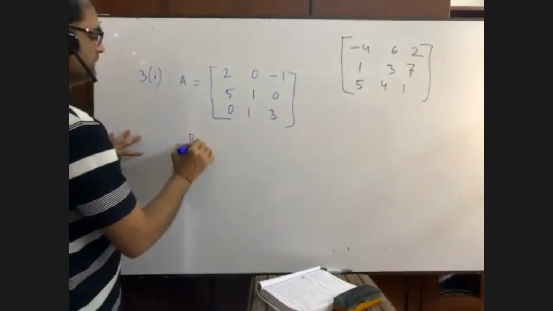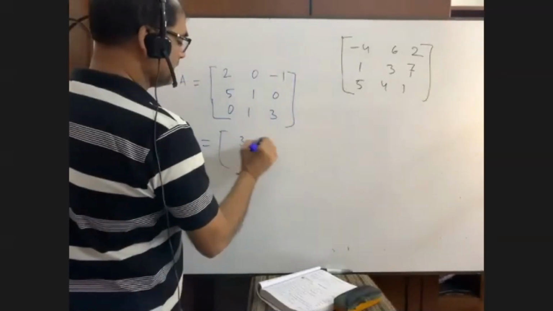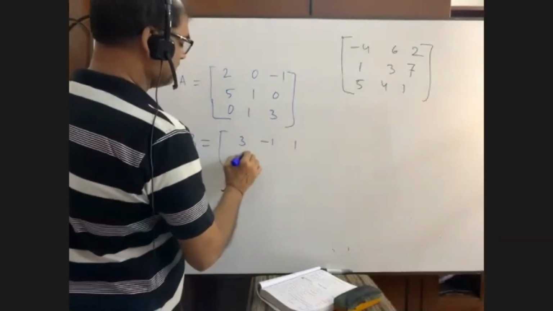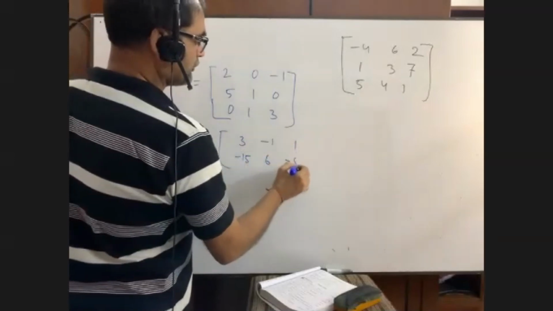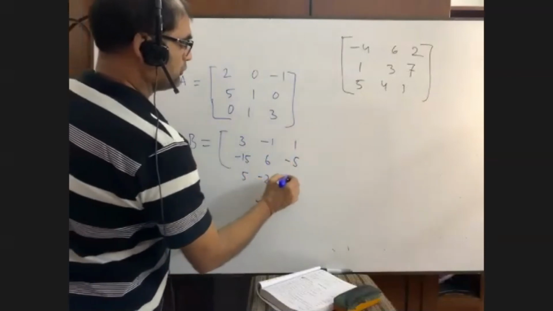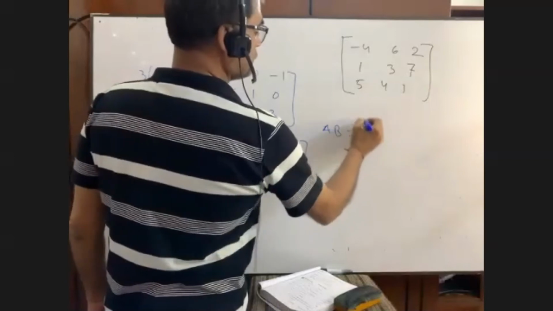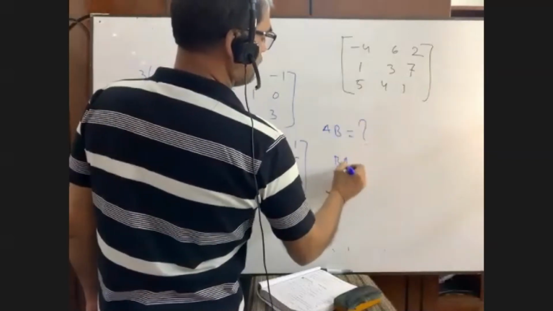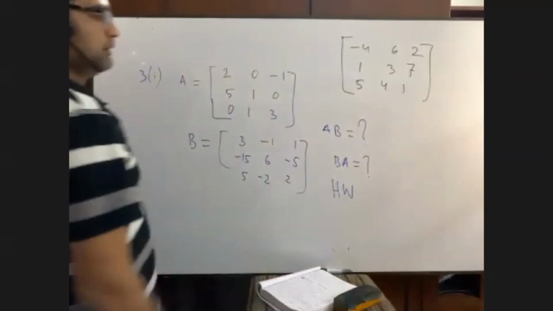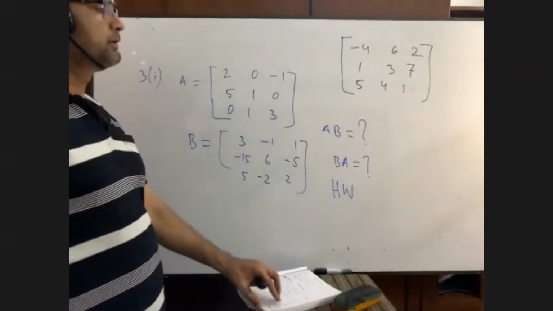And B is given in the question as 3, minus 1, 1; minus 15, 6, minus 5; 5, minus 2, 2. You have to find AB. AB equals what? You also have to find BA. And it is also homework. You will do it and just send it in Skype.